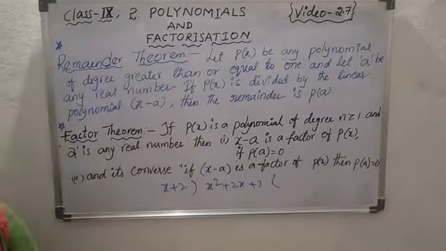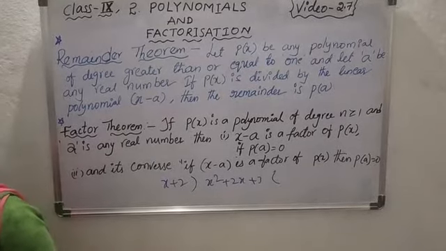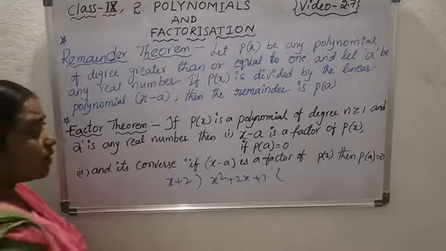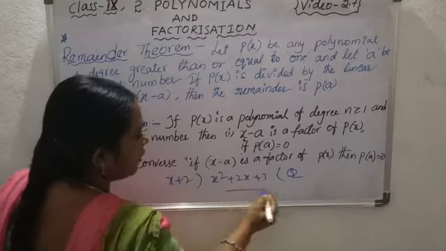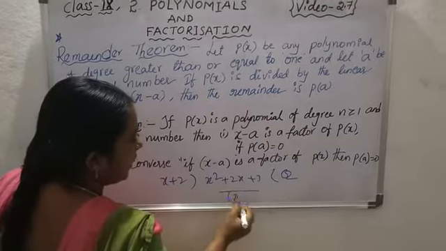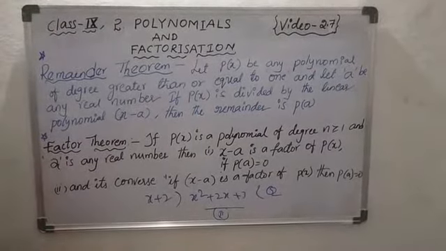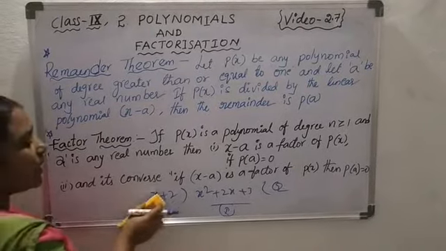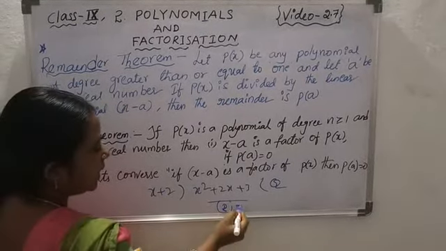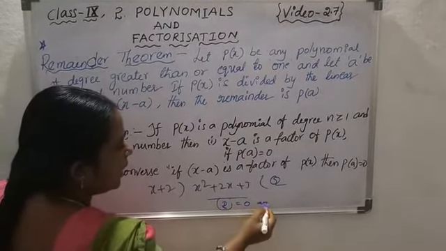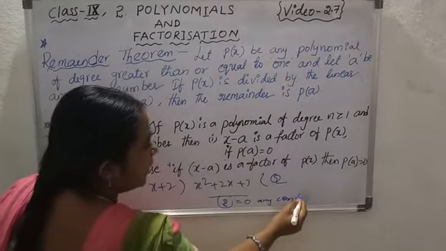You get a quotient part and you also get a remainder. Through the division method, we get the remainder. Maybe the remainder is 0 or any constant, right?